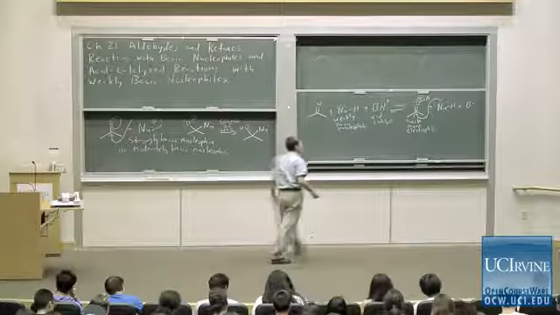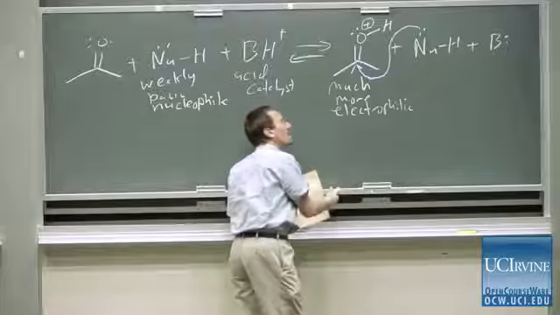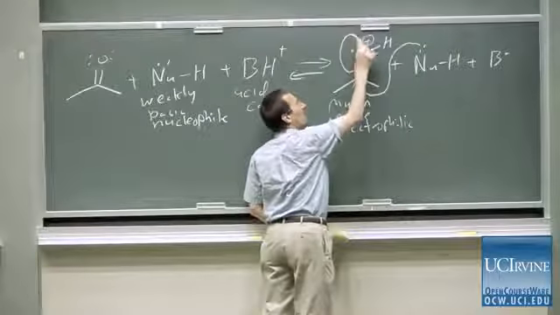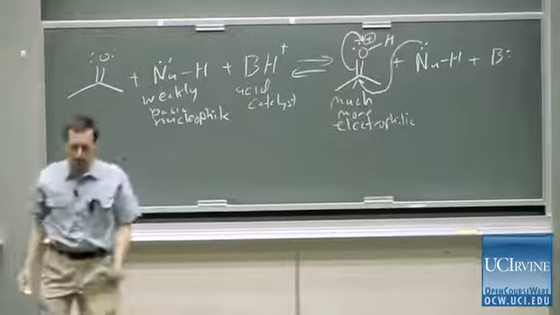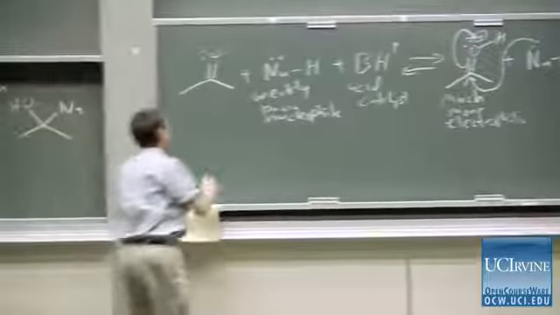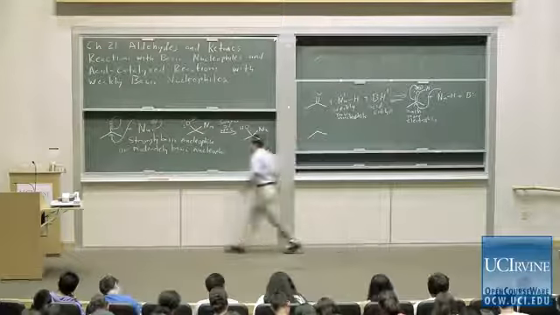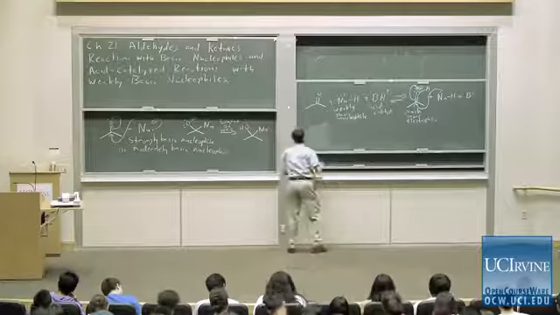And again, just as before, we can't have 10 electrons around a carbon. So as electrons are flowing from the nucleophile, we're putting electrons up onto the oxygen atom. And at this point now, we have our tetrahedral species, but it's already protonated.